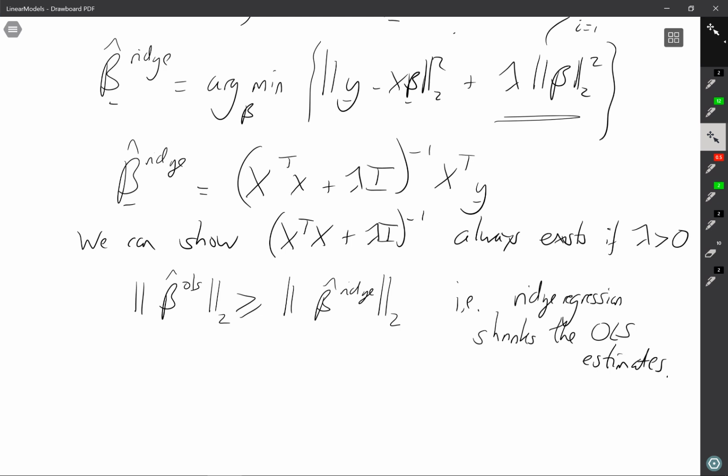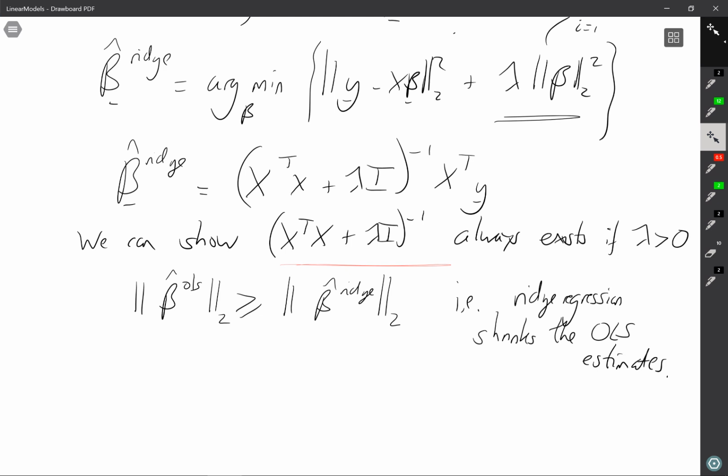So why do we want to shrink them? We've already said why we like ridge regression, because it makes this term always invertible. But why do we like this shrinkage? Well, I put a quote from a very popular statistics textbook, and what they talk about in that book is that when we have many correlated covariates, when X has many columns and some of those columns are correlated, we can sometimes find that the coefficients are poorly determined.